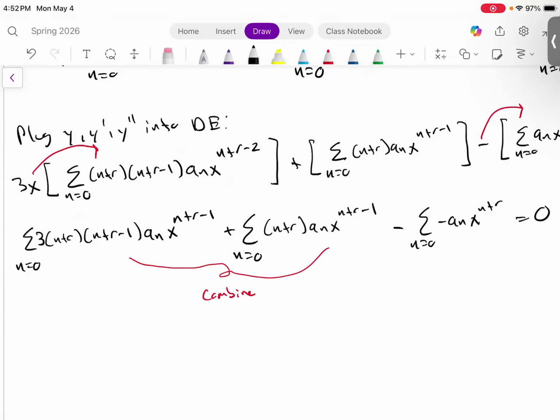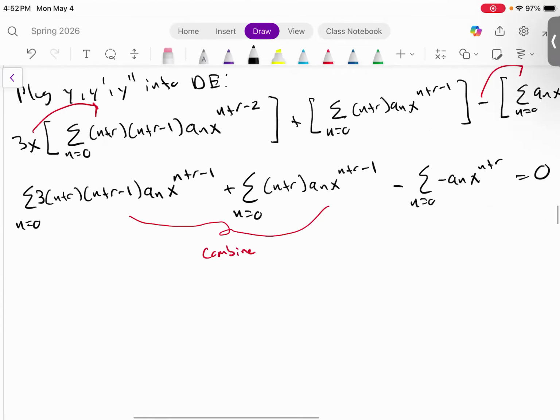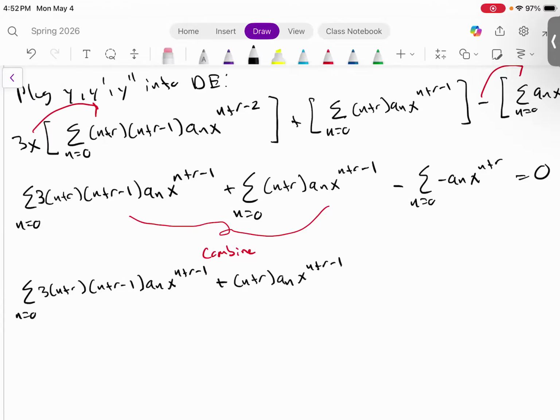And what we get is the power series n equals 0, 3 times n plus r, n plus r minus 1, a sub n, x to the n plus r minus 1, plus n plus r, a sub n, x to the n plus r minus 1.